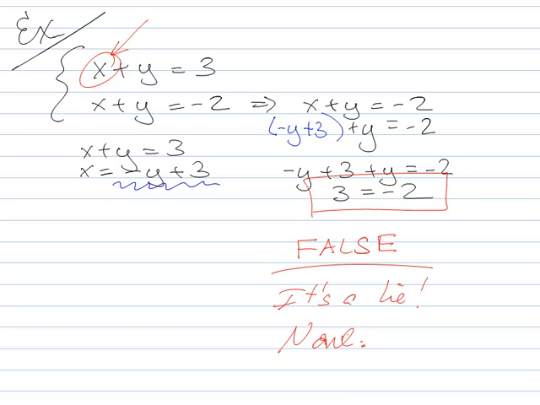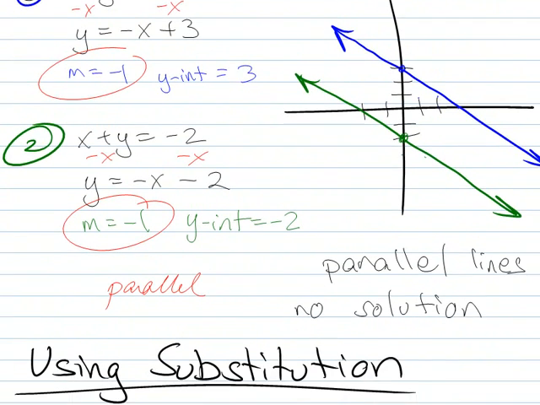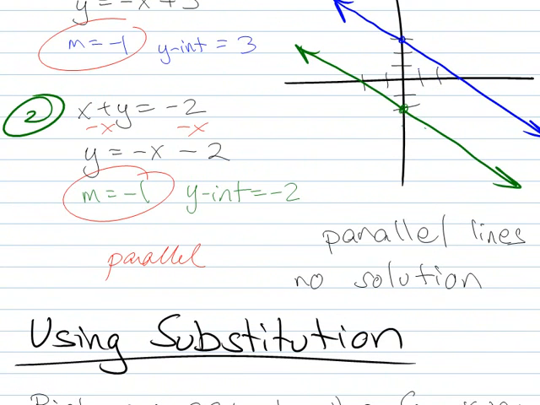If you're going to lie to me and tell me that 3 equals negative 2, you don't get to have any solutions. So go ahead and make sure you update your little table up here. When you have parallel lines, you have no solution.